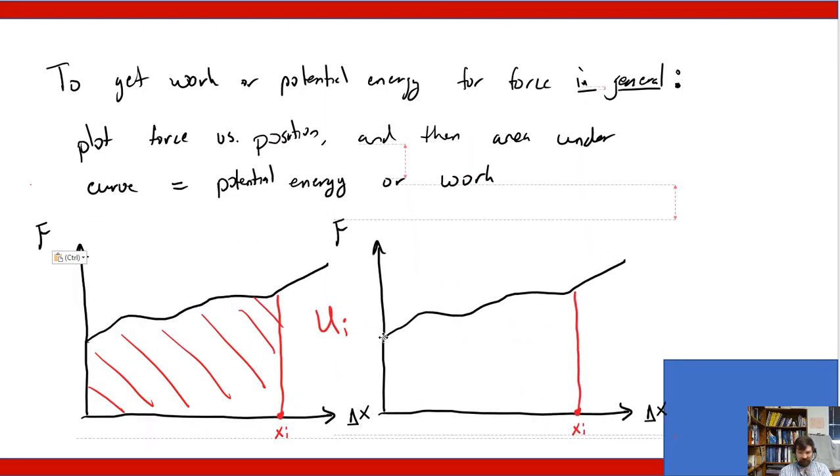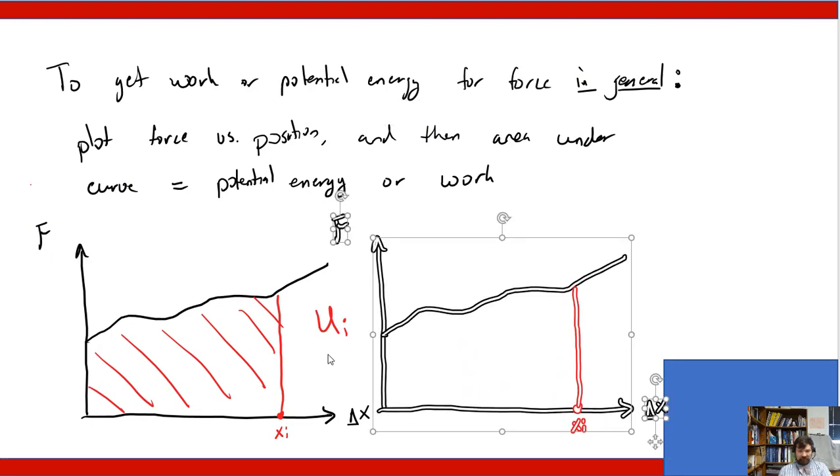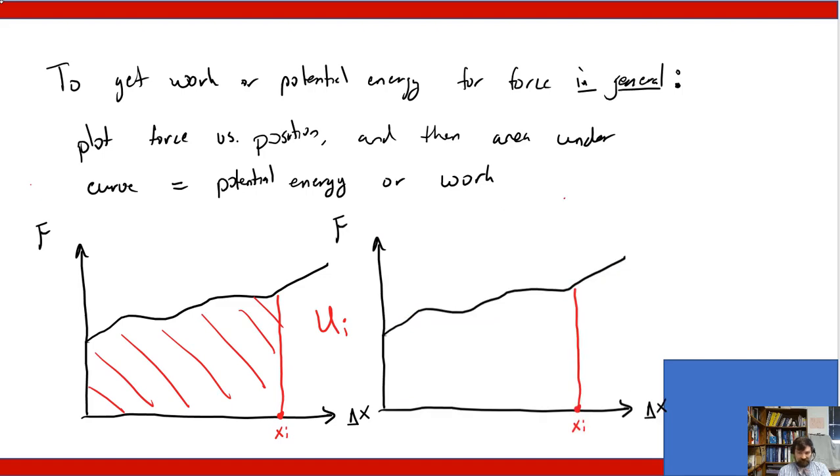Now, if I want to figure out how much work is actually being done by this system, this is why I've made a copy of it. If I want to figure out how much work is done on the system in moving from one point to another, maybe this is my x final, then this area right here, and let's do it in green for variety, this area right here would represent my work. It also represents my change in potential energy.